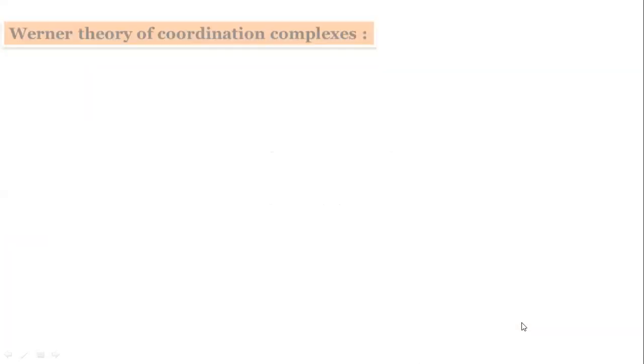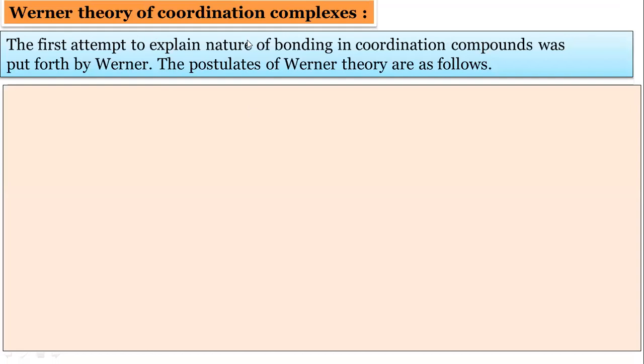I will not repeat this again. This is a very important theory. Those students who were absent in the last lecture: Werner is the name of the scientist who first explained how coordination complexes are formed, how many types of valencies there are, what the primary valency is, and what the role of the secondary valency is.